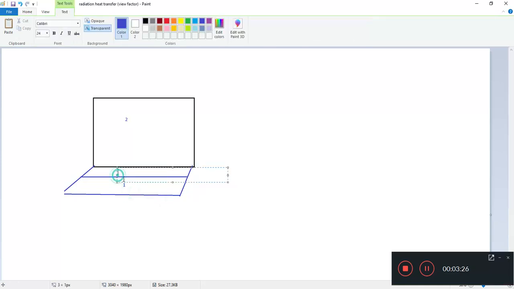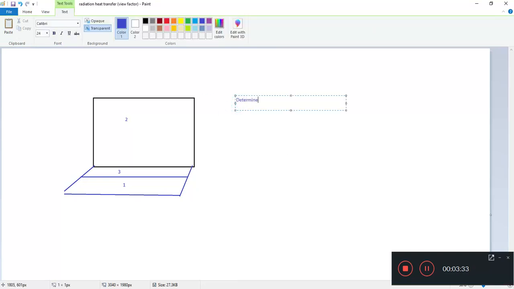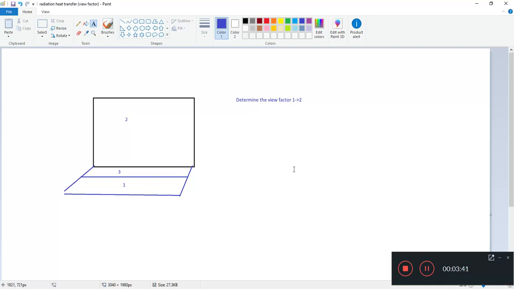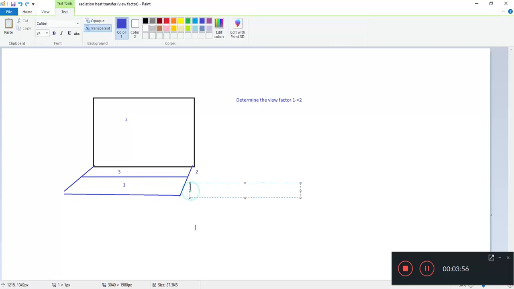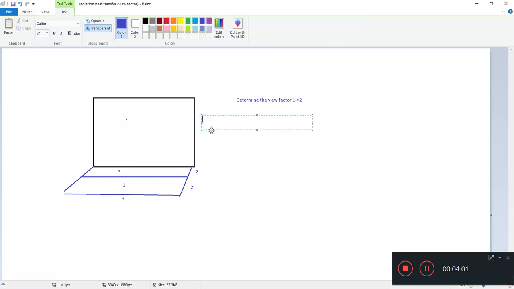We want to determine the view factor from 1 going to 2. What are the dimensions? This is 2 meters. 2 feet, 2 meters doesn't really matter because what matters are the ratios. 3 meters here, 5 meters here.